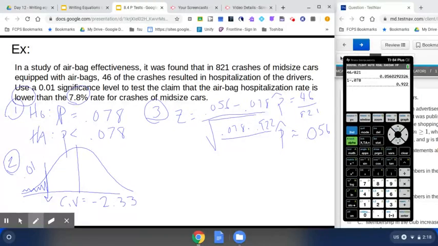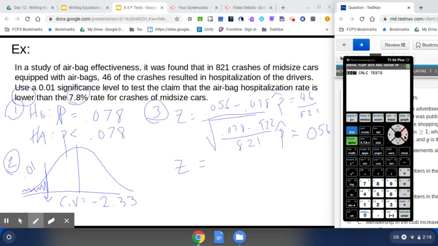And we're dividing that by N, which is the sample size 821. Guys, there's lots of room for error if we were to try to calculate that by hand. So instead, I'm just going to jump to the calculator function.